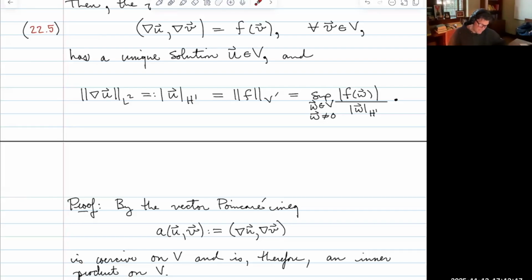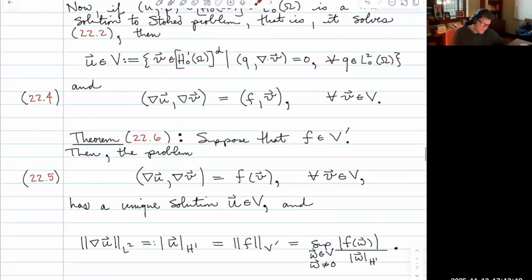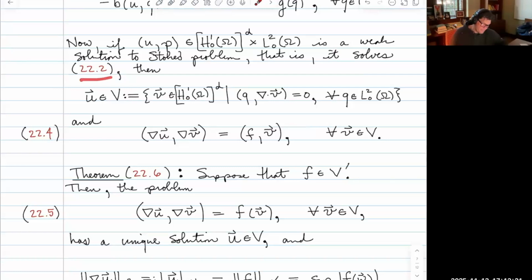What am I saying then? What I'm saying is if you redefine your problem so that you're looking specifically for the problem solution in the space V, then you know beyond a shadow of a doubt that you have a solution, and that guarantee is given to you by the Riesz representation theorem.